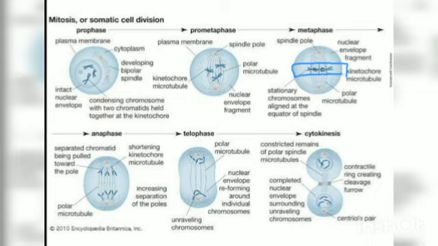Then the nuclear envelope gradually starts to disappear. Okay, and this stage is called metaphase. That means all the chromosomes come to the middle part of the cell.